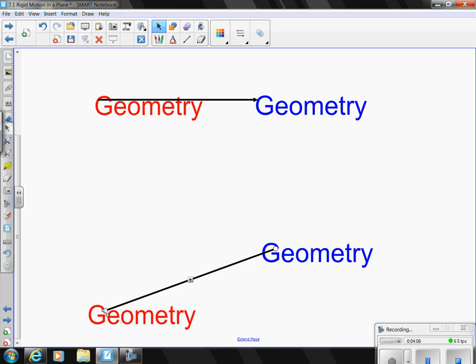Notice the tip of this G to the tip of that G. And if I pick a different point down here, put it on the top of the M, notice it should go to the top of the M. It's a little bit off, but it's a little bit off here too. So bottom of the Y, all these points are moving to the same spot. Okay, so all the points are going the same distance at the same angle.